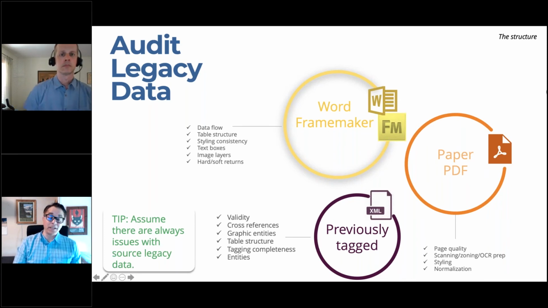Yeah, and I think we see this all the time. One of our main functions is providing conversion services, where people bring us those Word documents and say, I want these tagged as XML.